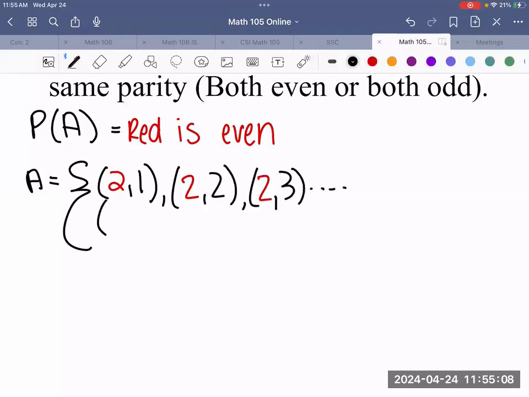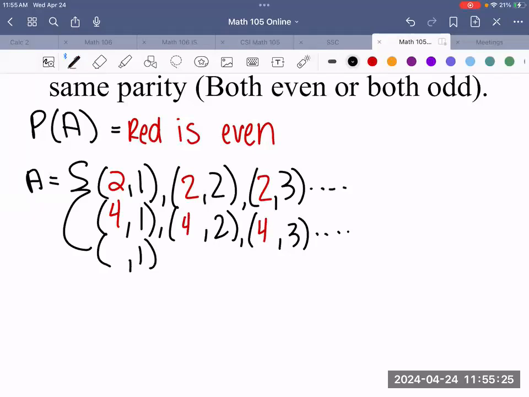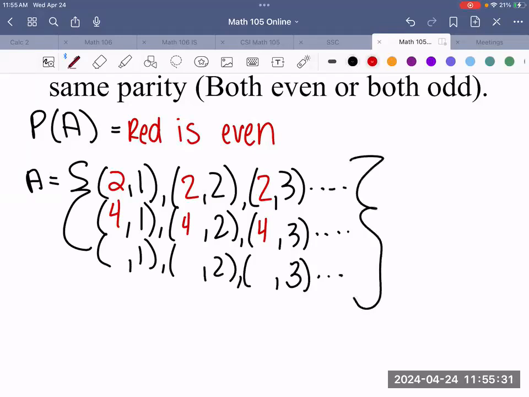Again, we're only looking at the even ones, so we skip 1, and instead go 4,1, 4,2, 4,3, and keep going. These are the 4s. We skip 5, since that's not even, and go right to 6, with the same idea here: 6,6, and that one.